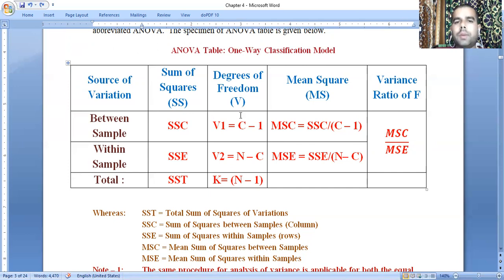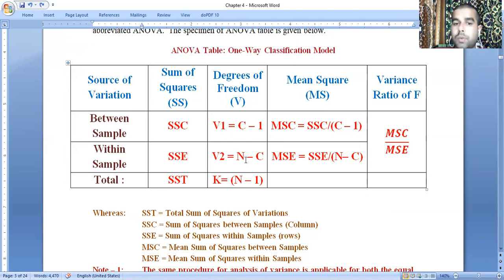Then degrees of freedom: V1 is equal to C minus 1, where C is the number of columns. In the given question only 4 columns are there, so 4 minus 1. Sometimes the question will have 5 columns, 6 columns, 10 columns or 8 columns; then you have to take the number of columns. V2 is equal to N minus C. N indicates the total number of individual samples.